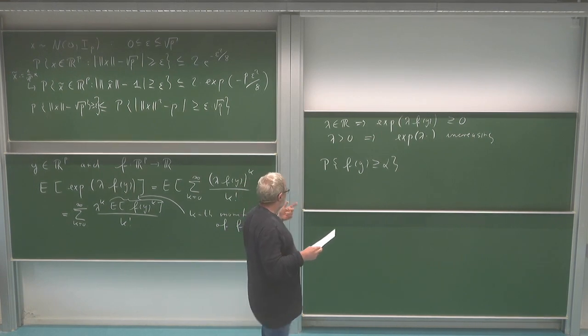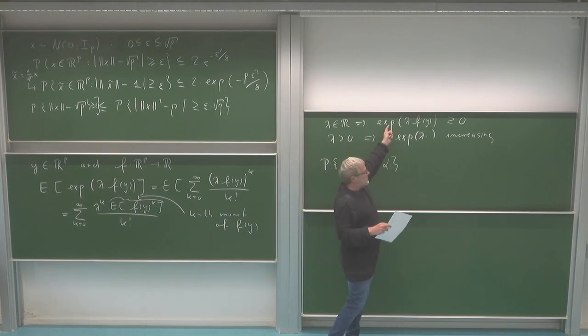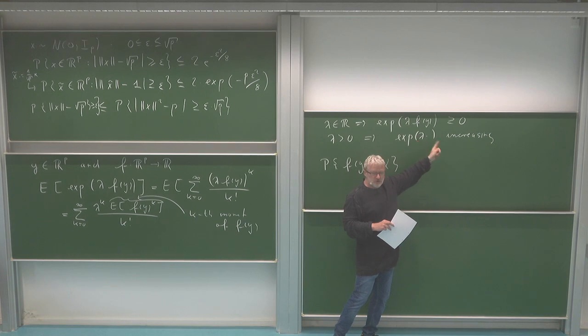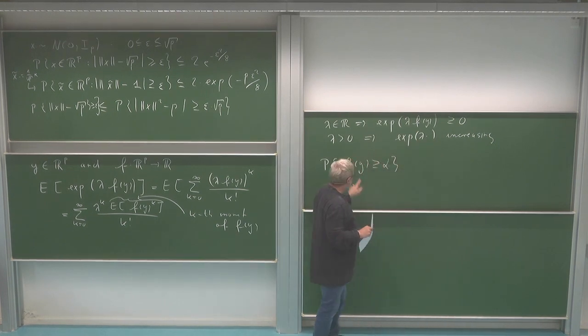Okay, and now I go over to this exponential guy, and if this is bigger than this, then e to lambda times this is bigger than e to lambda times this. That's the monotonicity which I'm using here, so that I'm not destroying the direction of the inequality.